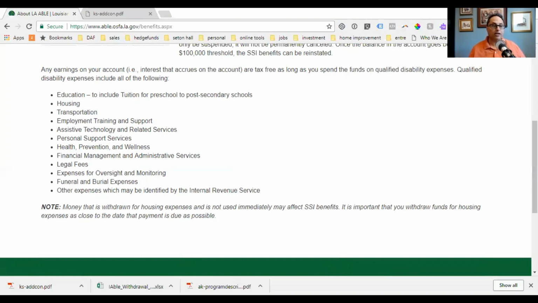So, for example, in education, if it meant getting some training, right? Hiring a job coach. These are things that are benefiting and improving the quality of life of the individual with special needs. So that would, in fact, be appropriate.